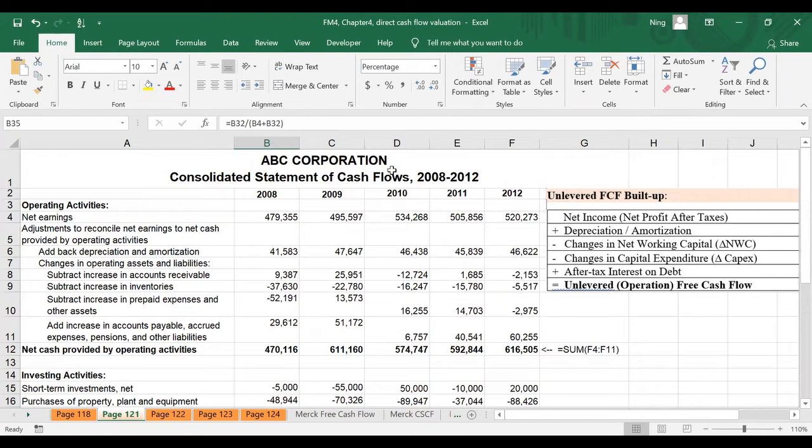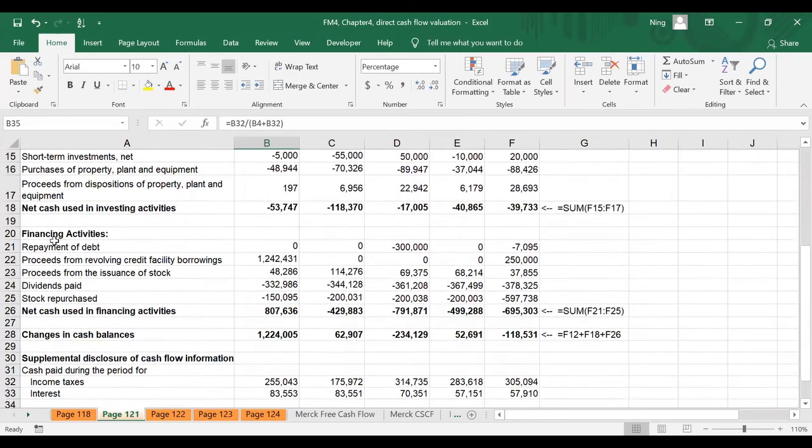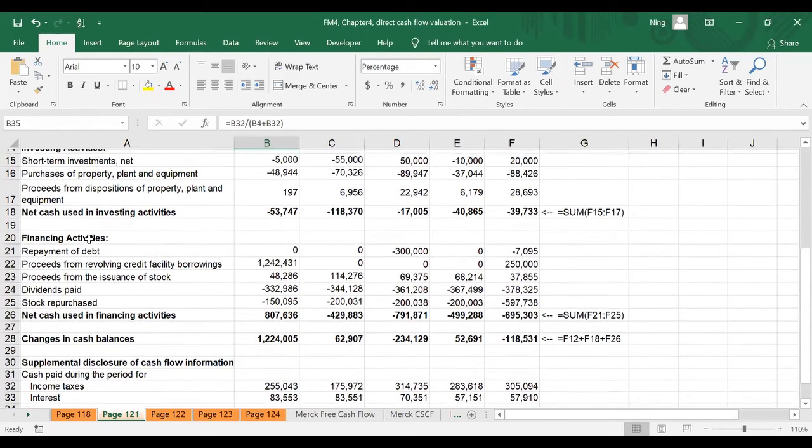For ABC Corporation, you downloaded the statement of cash flows from 2008 to 2012. The statement of cash flows breaks down the sources of cash flows into 3 categories: operating activities, investment activities, and financing activities.